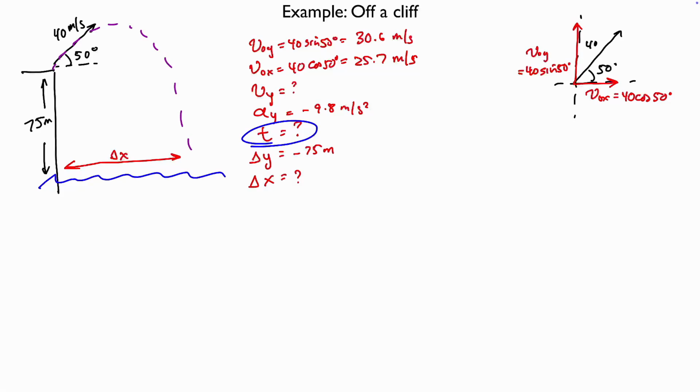It's less. Why? Because if you do the time first, you still have to find the final velocity. This is quadratic in t, isn't it? Yeah. Okay? So using the second one means you got to use a quadratic solver in your calculator. But if we use the third and then the first, we can avoid doing a quadratic.